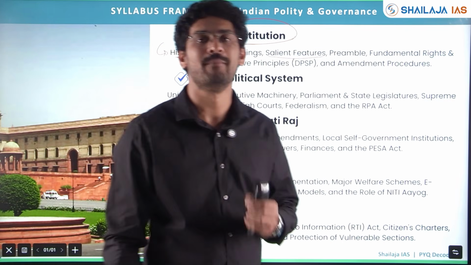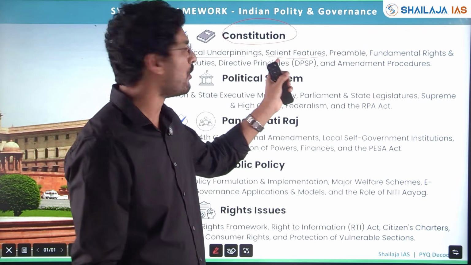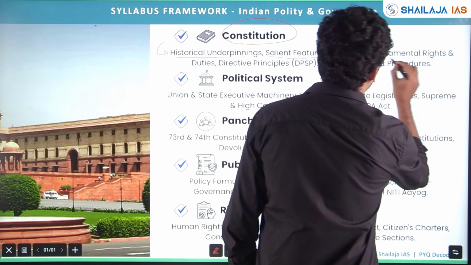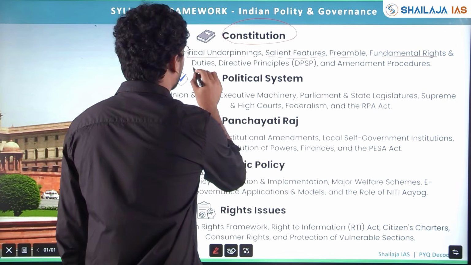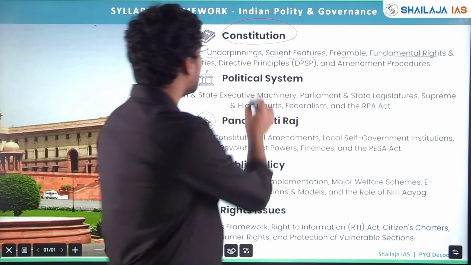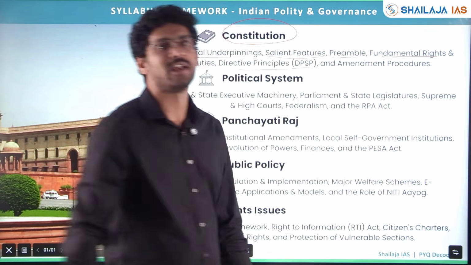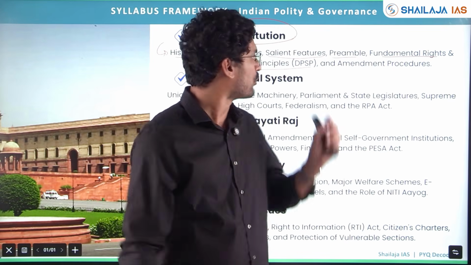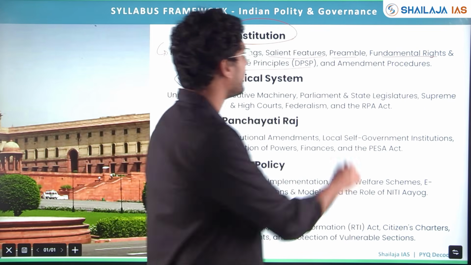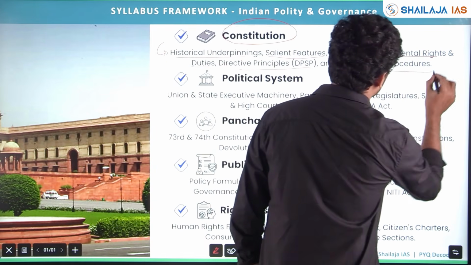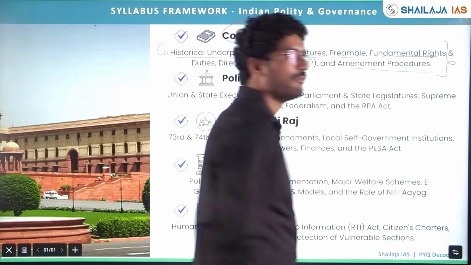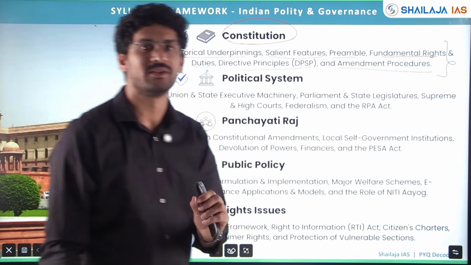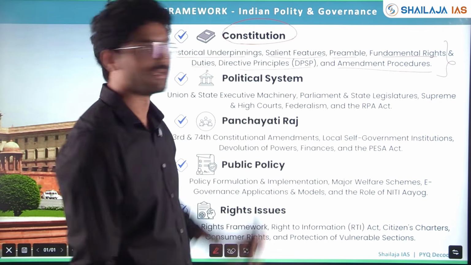When the constitution makers built the constitution: all the salient features, the preamble, the fundamental rights, the fundamental duties and directive principles of state policy, which are the backbone, which are the soul of the constitution and polity, and amendment procedures. Very key breakdown of constitution that has been mentioned in your prelims syllabus.